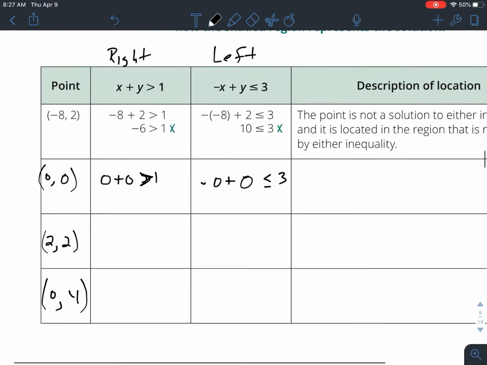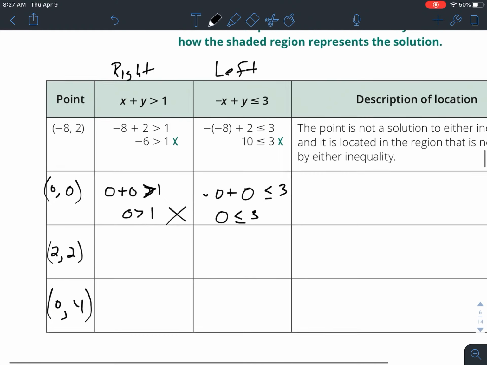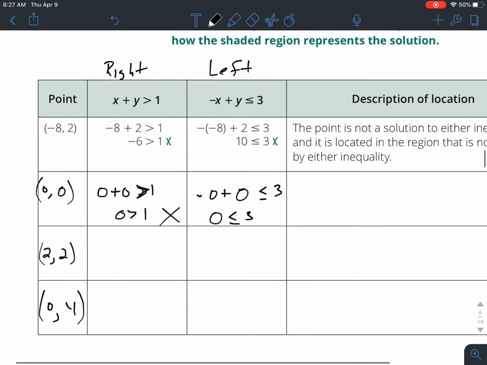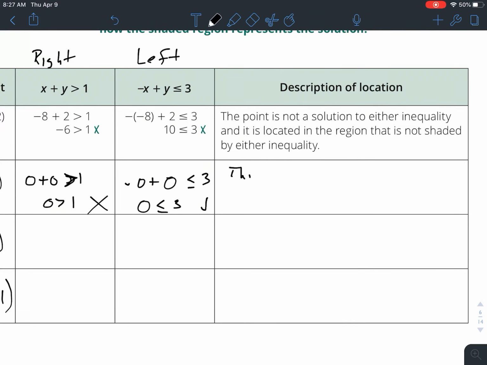So we know that this comes out to be 0 is greater than 1, does not work. 0 is less than or equal to 3 does work. So we know this works with only one solution.